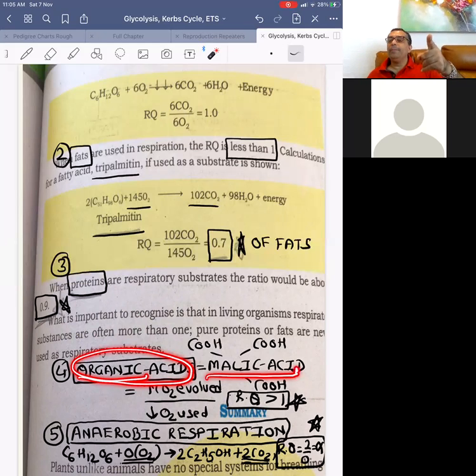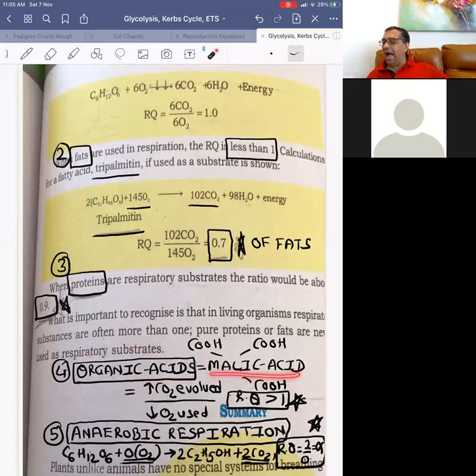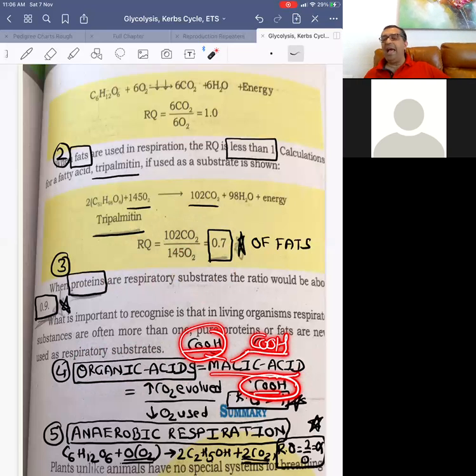You only tell me. Sir, if you remember, all organic acids are parts of the TCA cycle, tricarboxylic acid cycle. So organic acid से malic acid has in it COOH, COOH and COOH. So already there is high amount of oxygen in them.